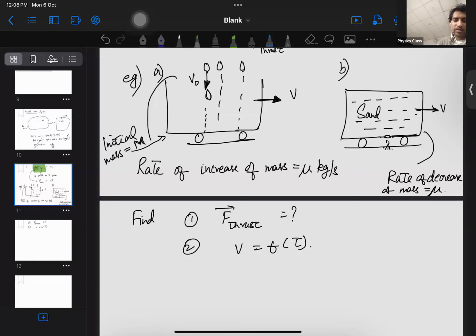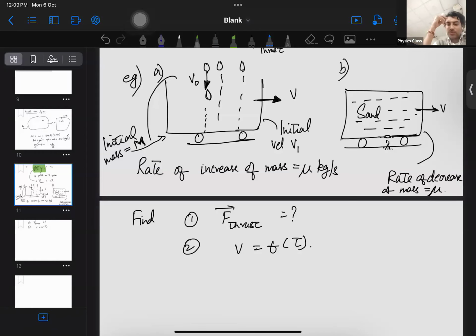And the initial velocity is v naught, which we already gave. Okay, so let's say that initial velocity is v1 at time t0. And rate of increase of mass is a constant value.